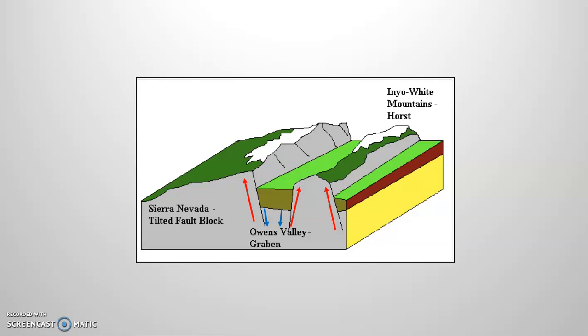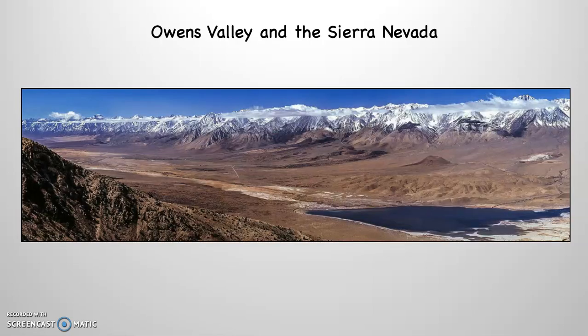So that lifts that eastern side up, which causes a very gentle western slope, a very steep fault scarp on the eastern side. And then you can see between the Inyo White Mountains and the Sierra Nevada is Owens Valley, which is a graben dropping down between two normal fault lines.